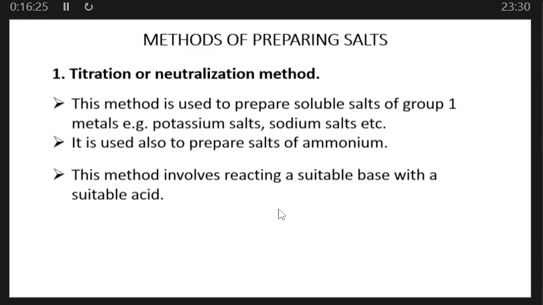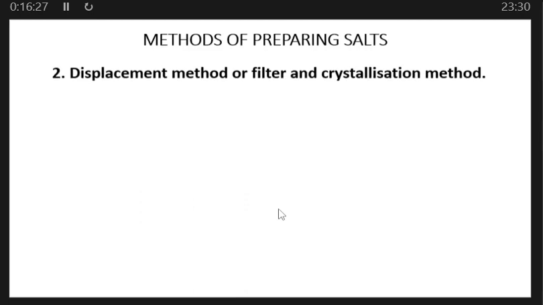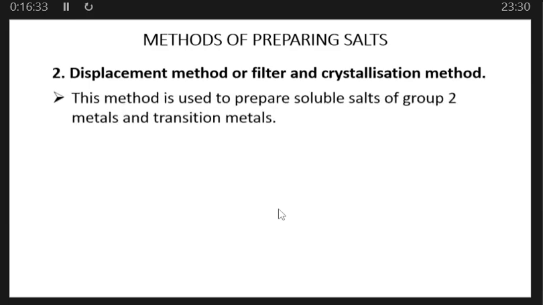So let's move and look at another method, which is the displacement method or filter and crystallization method. This method is used to prepare soluble salts of group 2 metals and transition metals. So you hear this method is used to prepare what? Soluble salts of group 2 metals and transition metals.